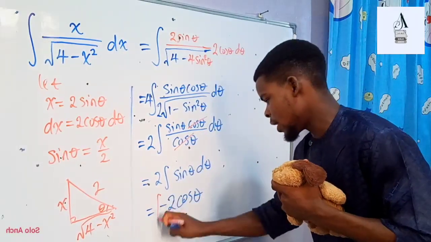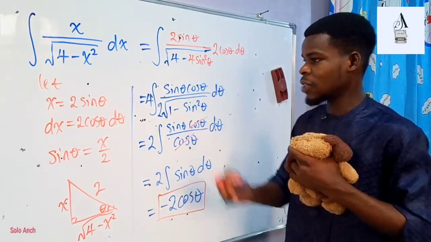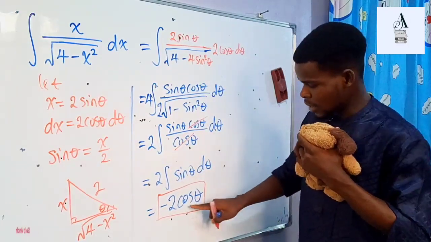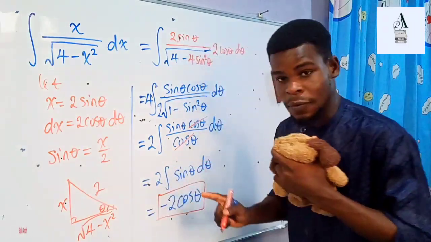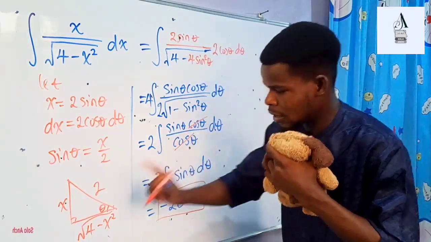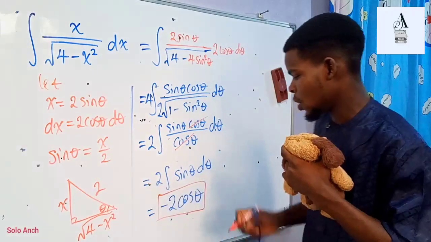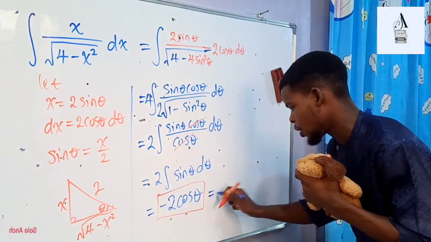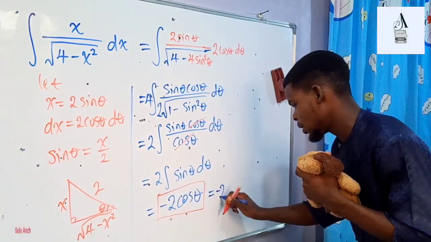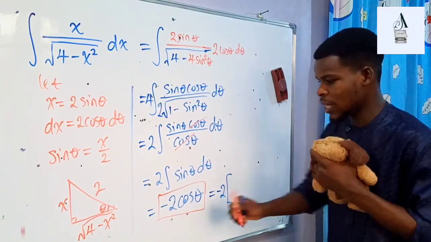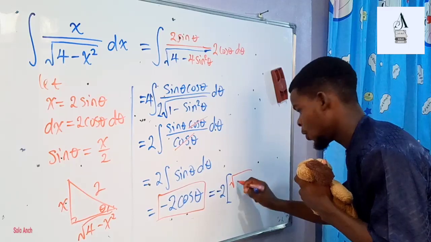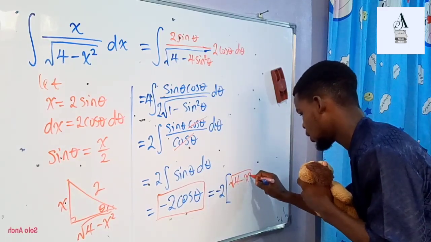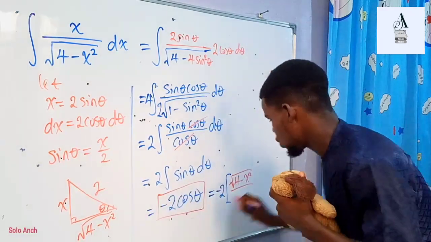Okay, this is very nice. But then we need to get back to the original variable. So you take note that this is cosine of theta. From this right angle triangle, cosine of theta is adjacent over hypotenuse. So that means we're going to have negative 2 times the adjacent, which is the square root of 4 minus x squared, divided by the hypotenuse, which is just 2.